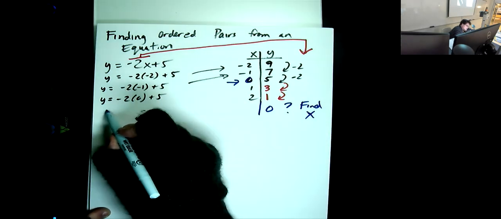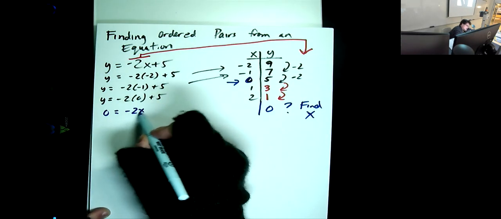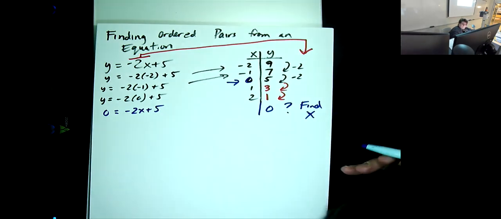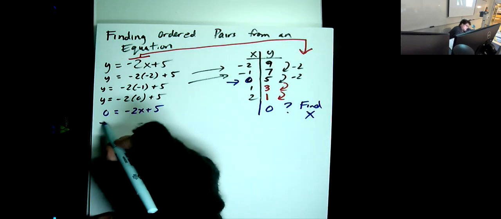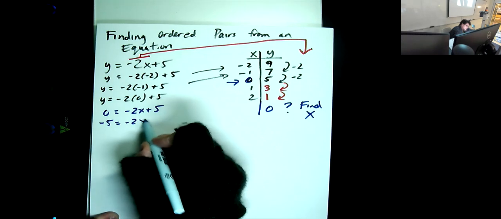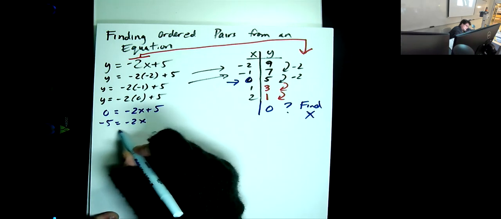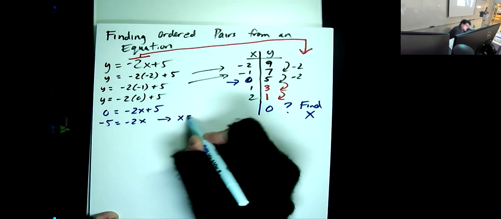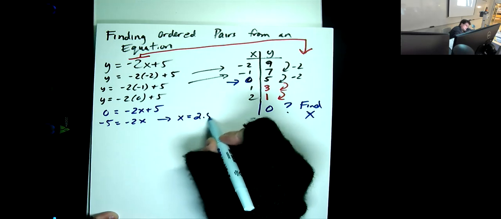If I do that, I got 0 equals negative 2x plus 5. And if I solve for this, I get x equals 5 halves, which is 2.5.